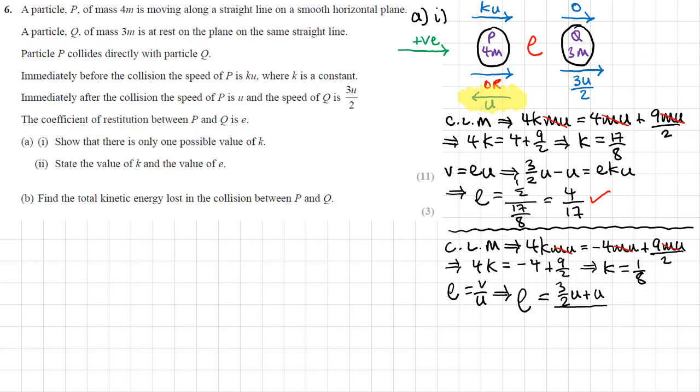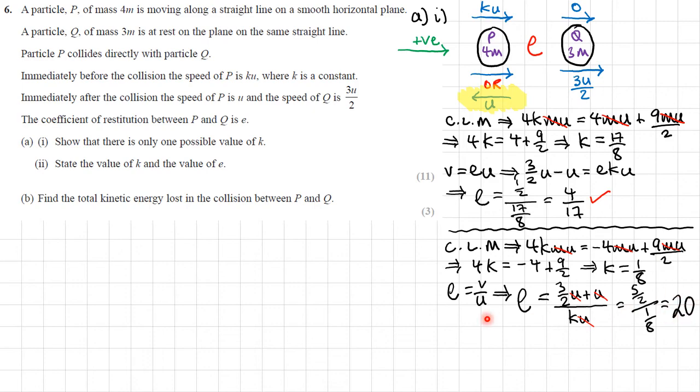So that's going to be the same as it was before, which is ku. I'll get 3 over 2u plus u over ku. The u's cancel out, leaving me with 5 over 2 divided by my value of k, which is 1/8. Now that gives me a value of e, which is 20.